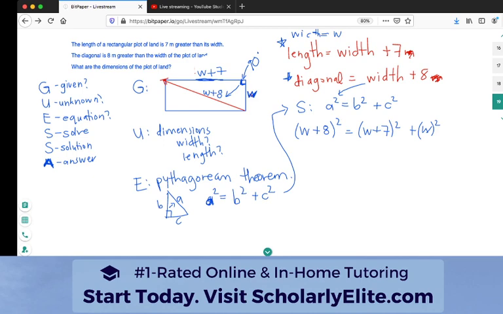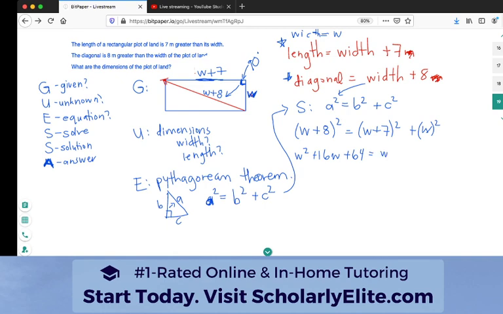Okay, guys, so let's go ahead and solve now. So first of all, when we are squaring stuff like this, what we need to do is actually expand them. So here we're going to have this equal to this here. And if you're confused by that, definitely go back and practice your FOIL rules.